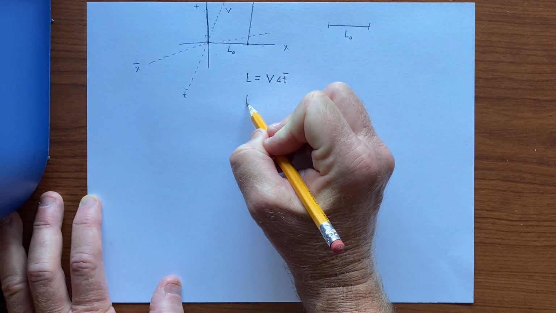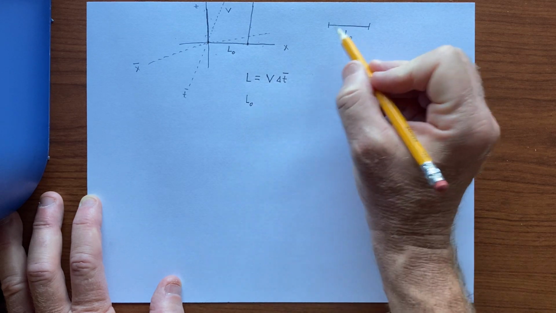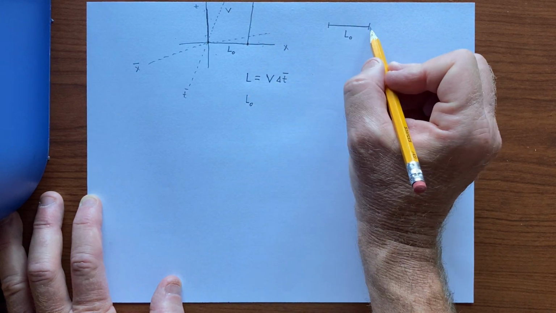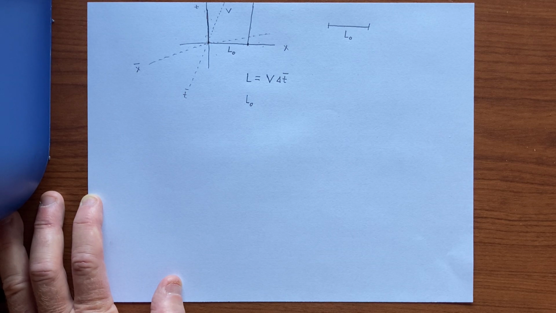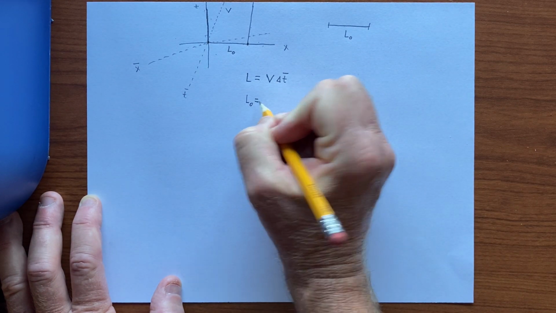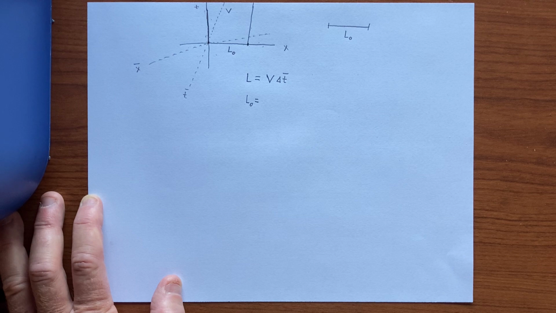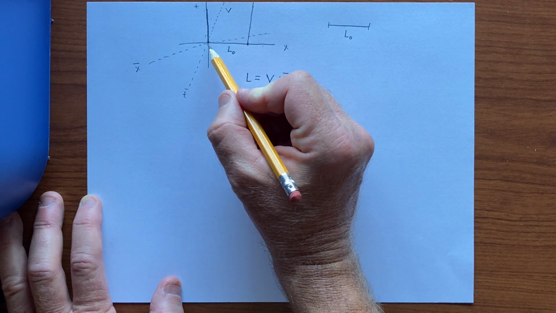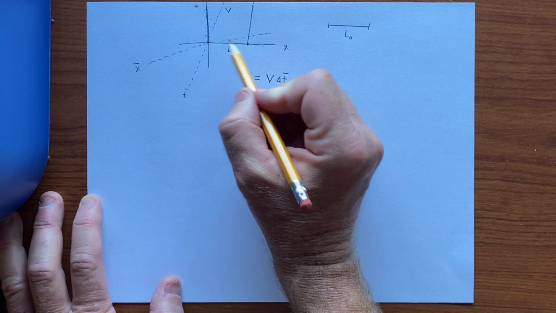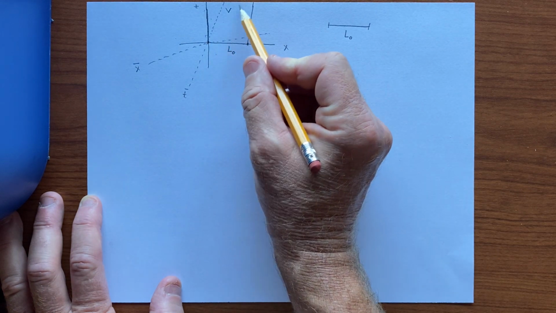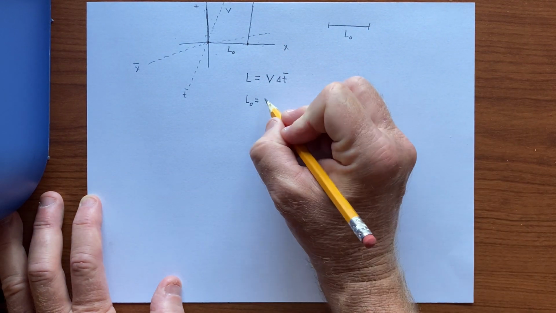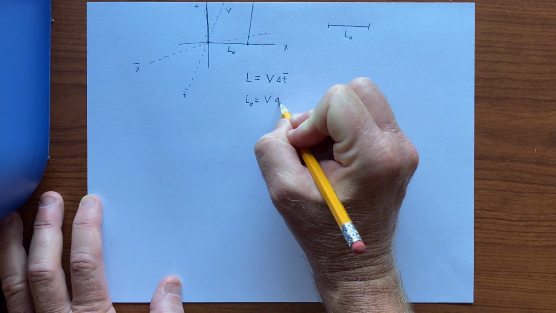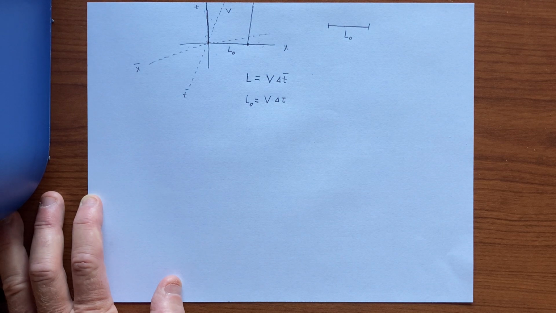So L naught, which we imagined measuring at the beginning by just using a meter stick, we can now measure by thinking of the distance traveled by the moving observer and the time it takes to reach the right end of the pencil. So the speed is the same, but the time is different, right, because now we're using the time on the clock that is stationary with respect to the pencil.